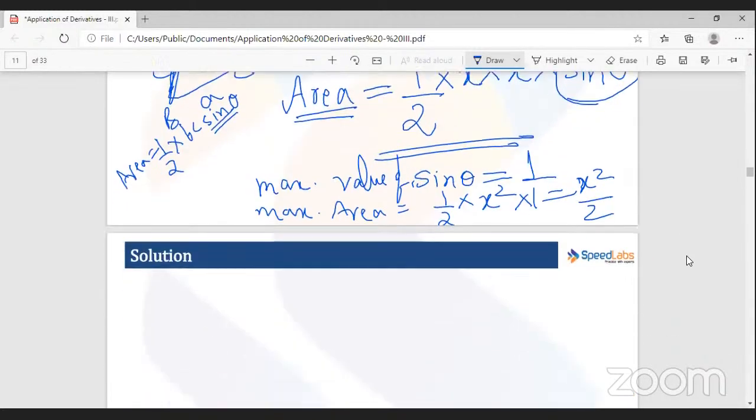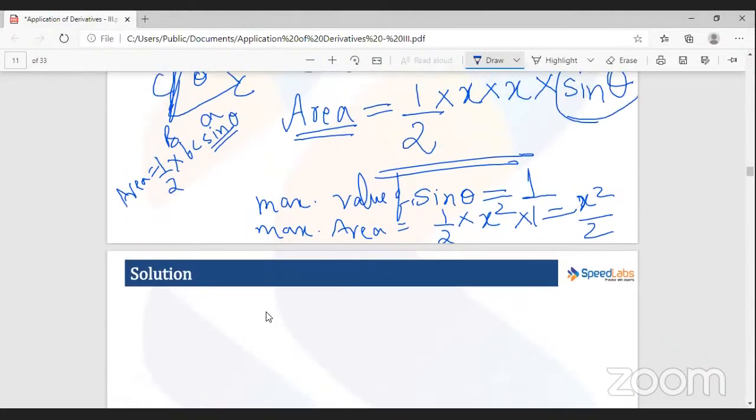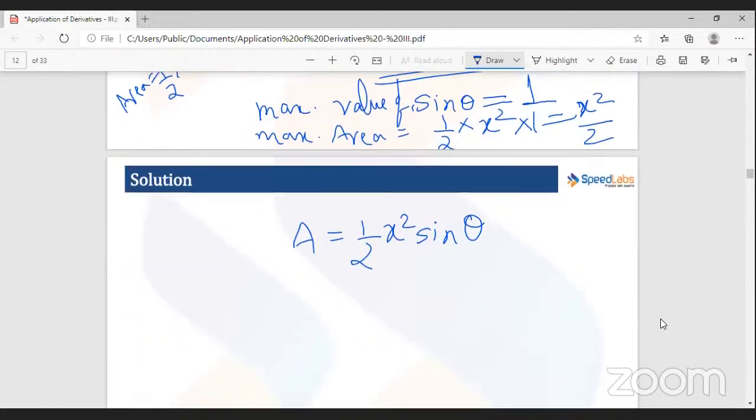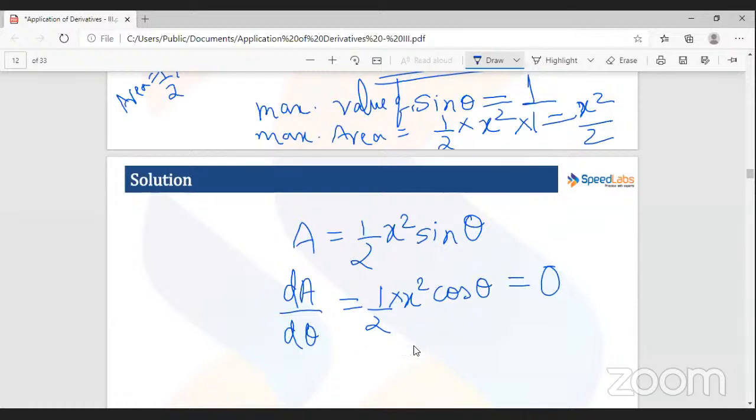Now we can also go by the derivative method, that is A was given as half x square sine theta. So now if I find dA by d theta, that would be half x square cos theta equal to 0.